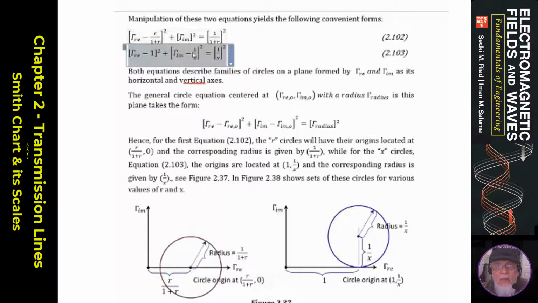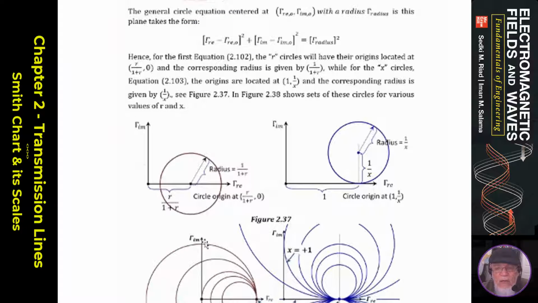r and x being the real and imaginary components of the normalized impedance of the line at any location. So that represents the constant r circle, and this represents a constant x circle. With r and x being variables along the transmission line as a function of position, we expect r to vary, and therefore the position shift is going to vary and the radius is going to vary.